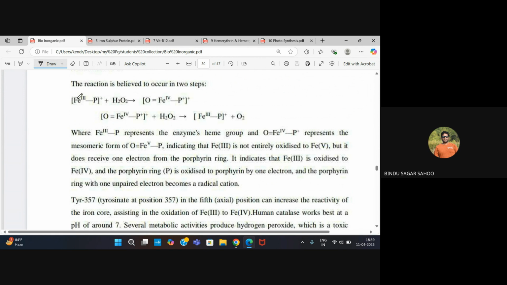Fe3 gets oxidized to FeIP, and the porphyrin ring is oxidized to porphyrin plus or P plus by losing one electron. And in the second step, it further reacts with hydrogen peroxide. It will again get converted to Fe3P plus along with an oxygen molecule.